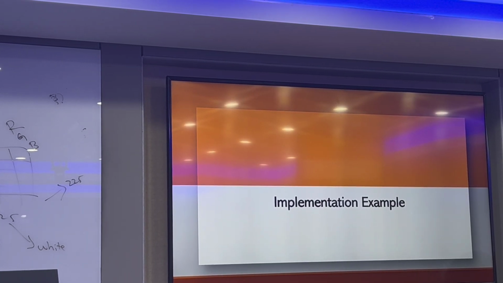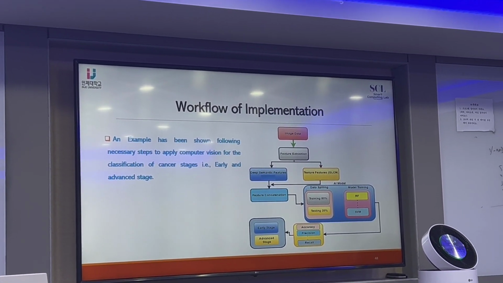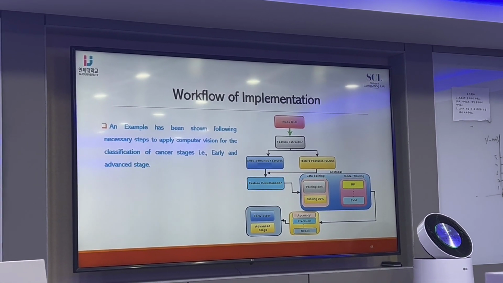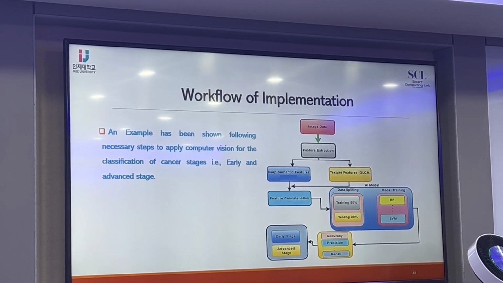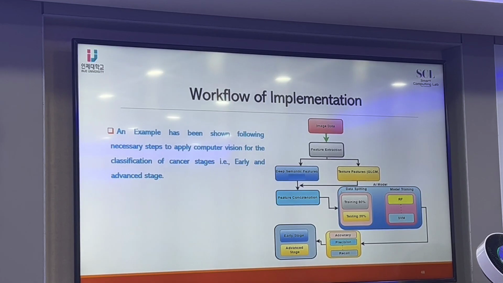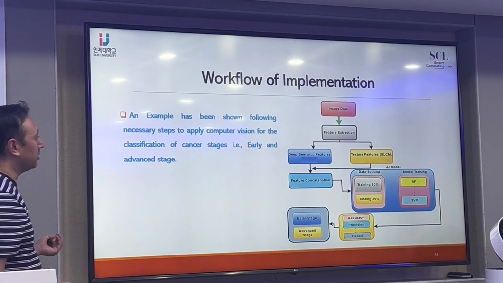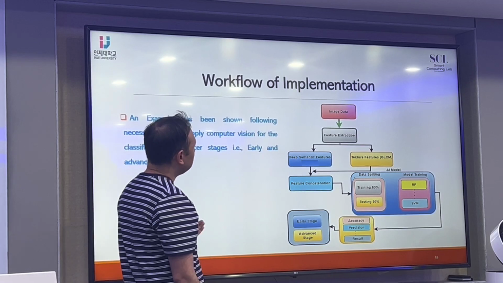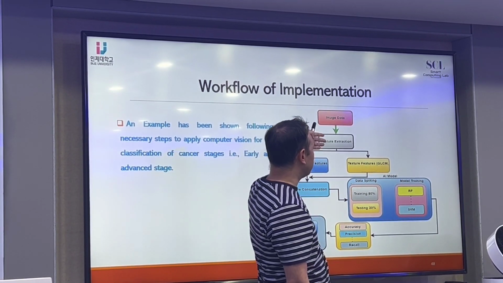So, implementation. Here I have shown just an example of image classification, and it can be extended further by adding, for example, Grad-CAM or explainability, or visualization. So first of all we have the image, then we extract the features.